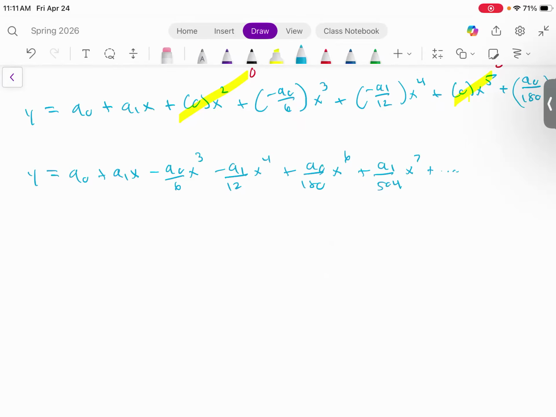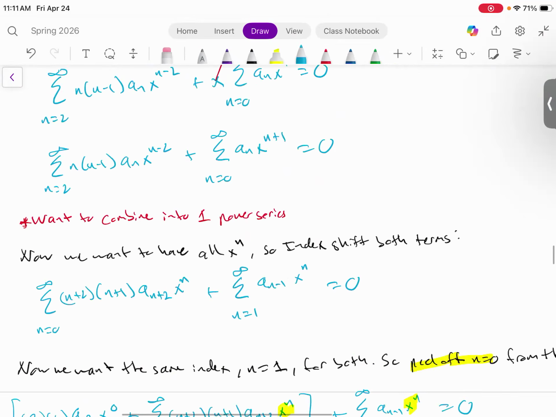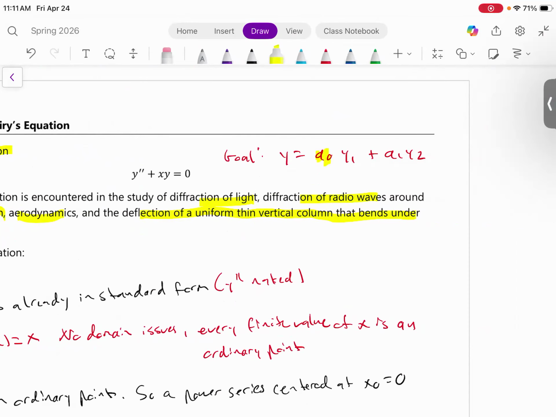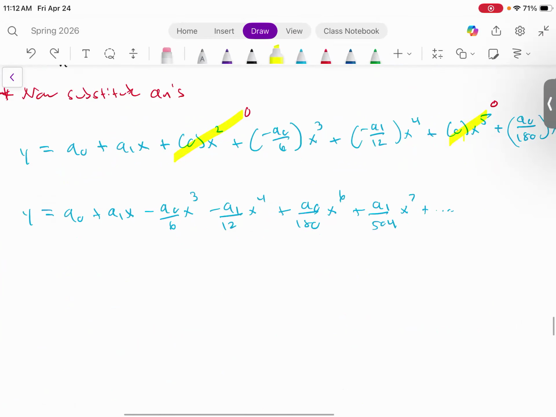I've said this a bunch of times in this video, but we're trying to get to something like a naught times y1 plus a1 times y2. So what we can do in our solution now is group together those a naught terms and then group together those a1 terms.